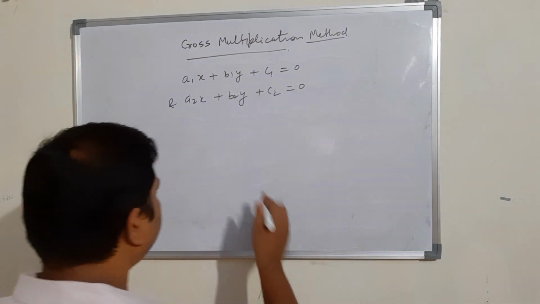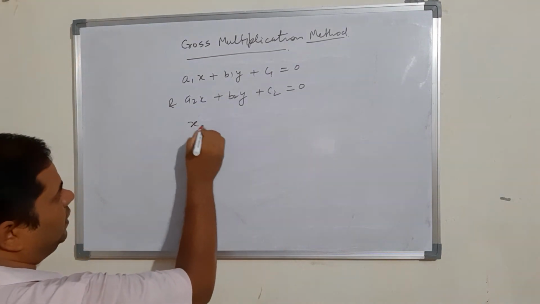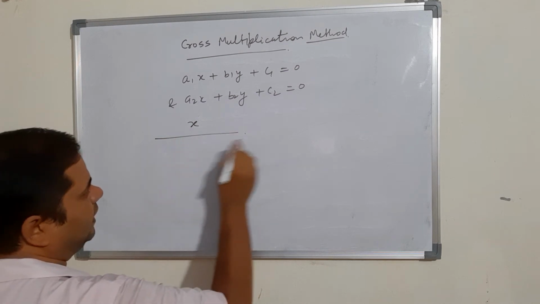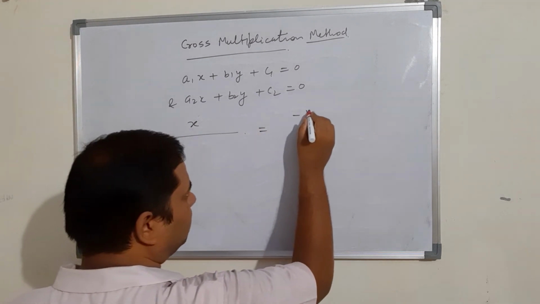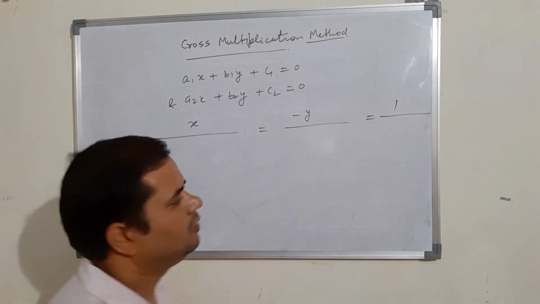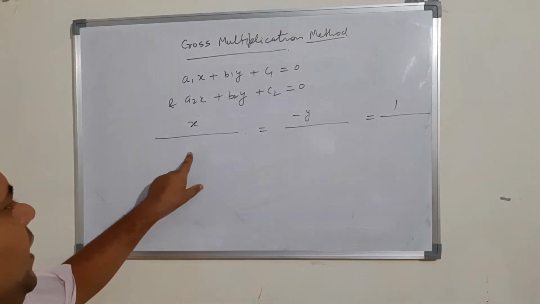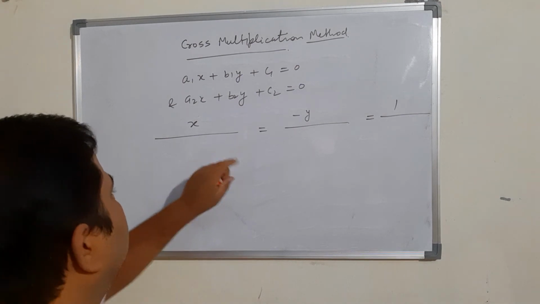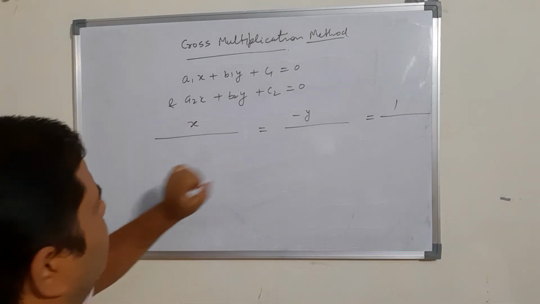First of all, we write x upon, this is minus y upon, and this is 1 upon. And what we can do, we make a matrix determinant or simply use cross multiplication.